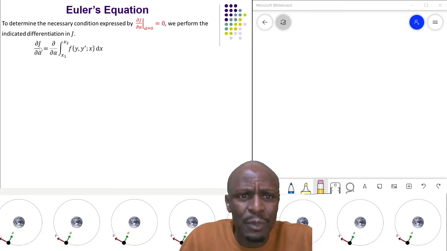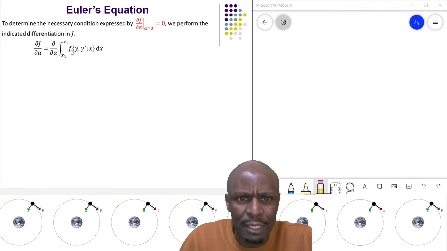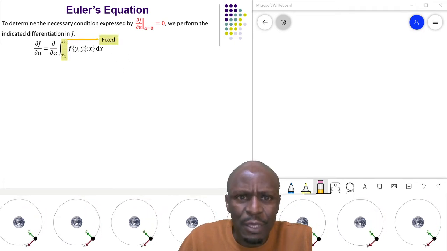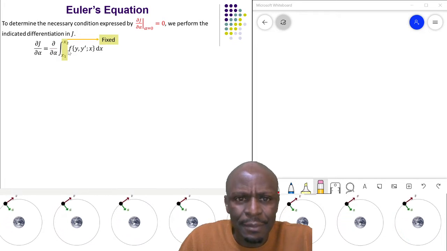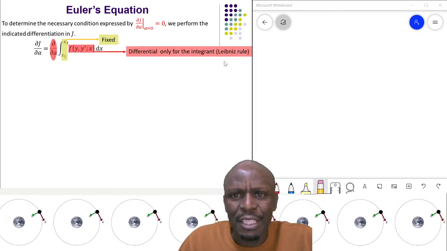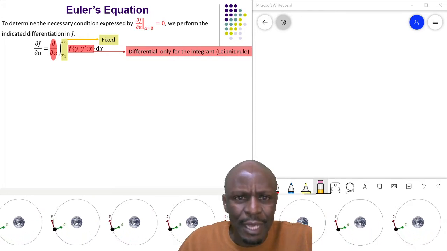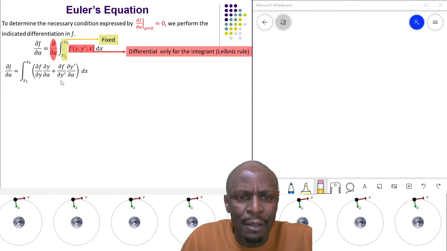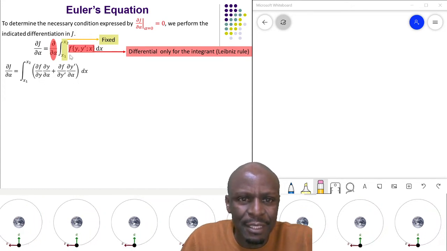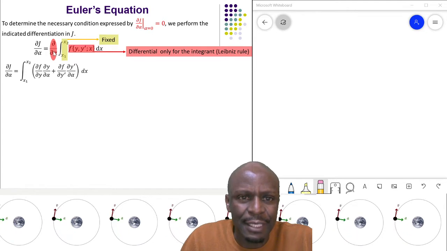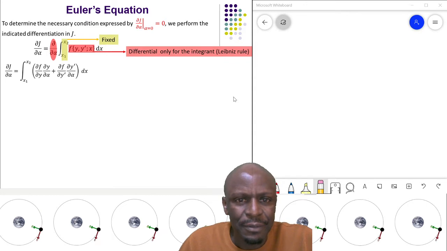Now if we do the derivative with respect to alpha, this is what we are going to have. Because these points are fixed, this can go inside the integration, and the differentiation applies only to the integrand, and that is Leibniz rule. Because these points are fixed, this doesn't affect those points. So this is what you are going to have.